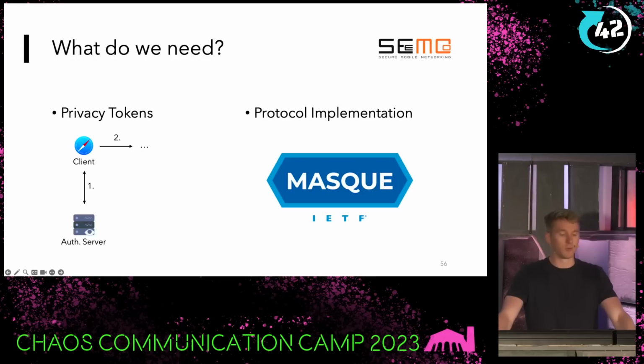So first, what do we need to connect to a Private Relay? First, we need these privacy tokens, which are used for authorization. Here we are handling the authentication part as a black box, so we only get these privacy tokens and fine. And of course, we need to implement the protocol which Private Relay deploys, which is here the MASQUE protocol, which is proxying over HTTP.